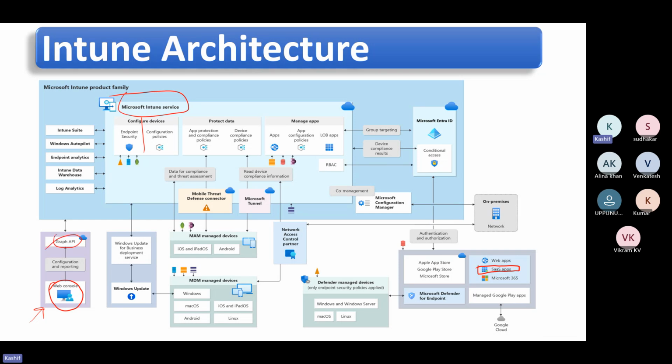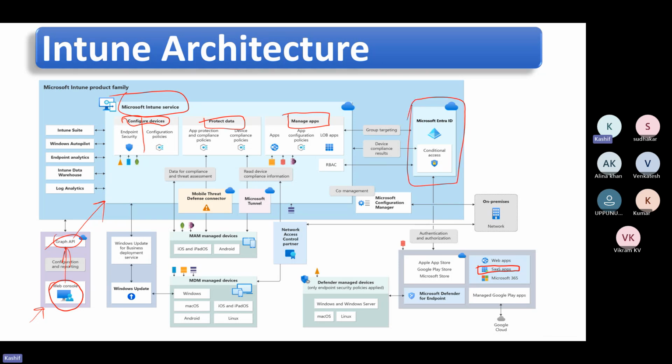Graph API is a communication bridge between you and Intune services in the backend. So Graph API will supply your configuration and changes to Intune services in the backend. For example, if you have to configure something, it is gonna come here in configure devices. If you have to protect something, it's gonna come here, or manage application. So this is the high level diagram.